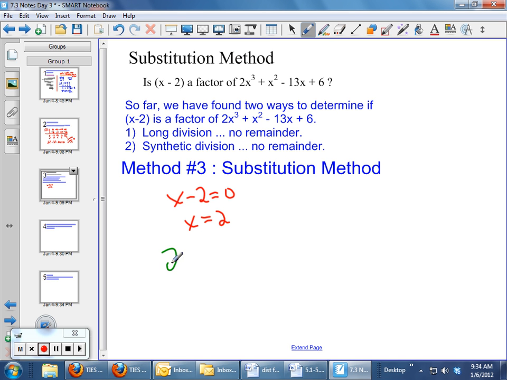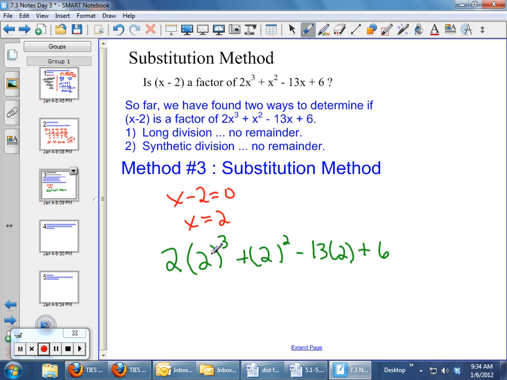It would be 2 times 2 to the third plus 2 to the second minus 13 times 2 plus 6. What we're looking for here is, when we plug the 0 in for this, if we get 0 for an answer, then that tells us that this is a factor of that. So now we have 3 methods to finding if something is a factor.